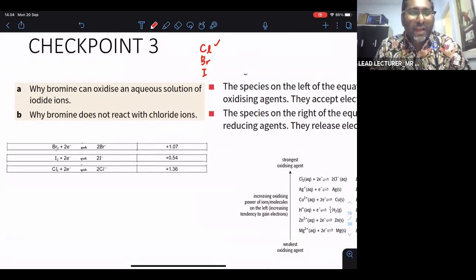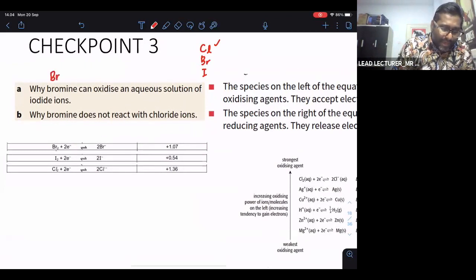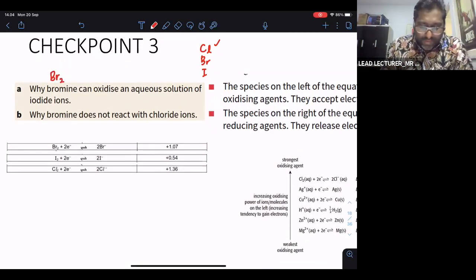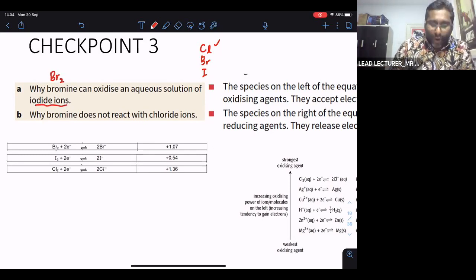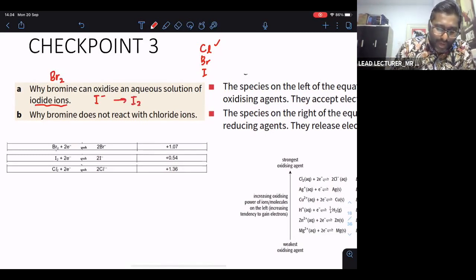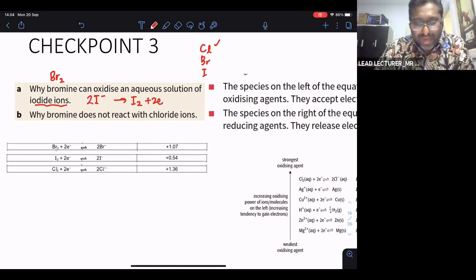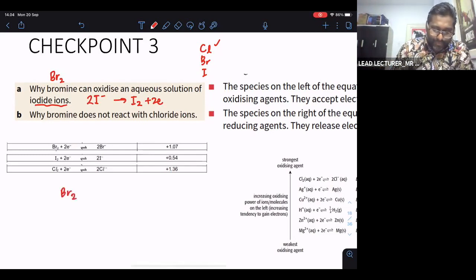So the answer here, they ask why Br2 can oxidize a solution of iodide ion. Oxidize means I am changing the I minus into I2. So this is going to be the equation. My question over here is, can Br2 change this into this?